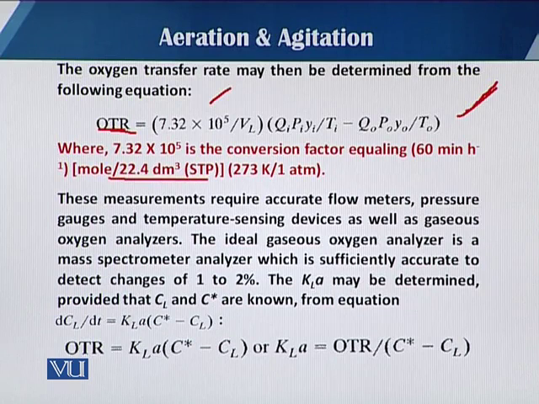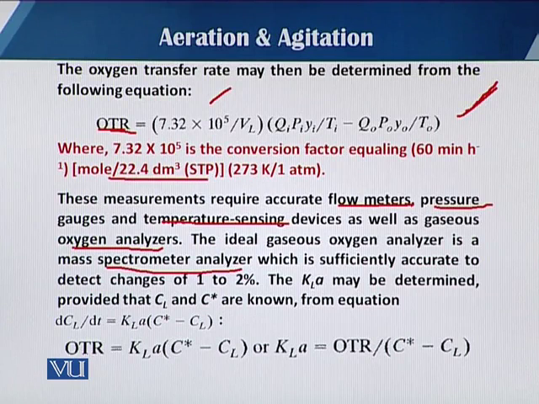These measurements require accurate flow meters, pressure gauges, temperature sensing probes, and gas analyzers. The ideal gas oxygen transfer analyzer is a mass spectrometer analyzer, which is sufficiently accurate to detect changes even from 1 to 2%.